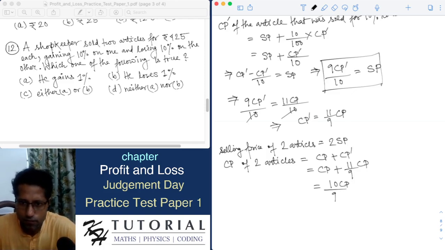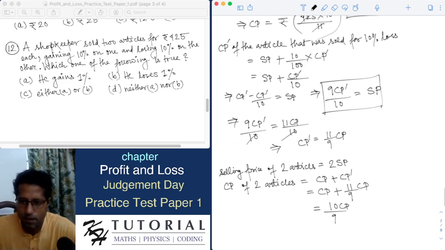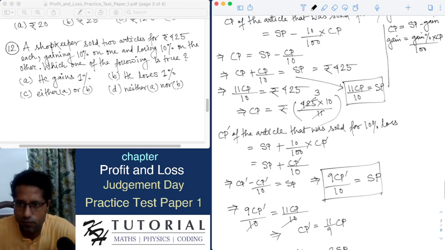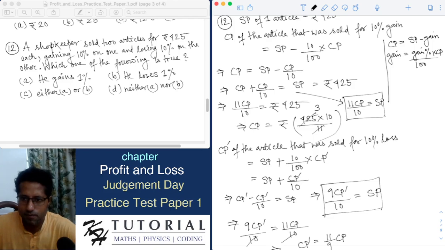Now the selling price of two articles is 2SP, fine. The cost price of two articles is 10 CP by 9. And from the relation we earlier got, 11 CP by 10 equals SP, this implies that CP is equal to 10 SP by 11.